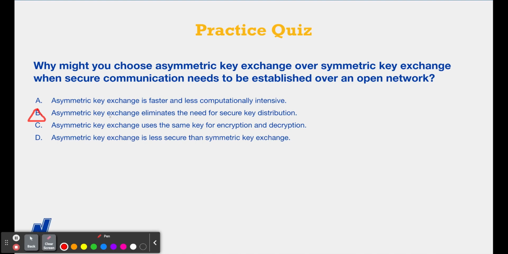A public key which can be openly shared and used for encryption, and a private key which remains confidential and is used for decryption. This makes it a more practical solution for secure communication over an open network.